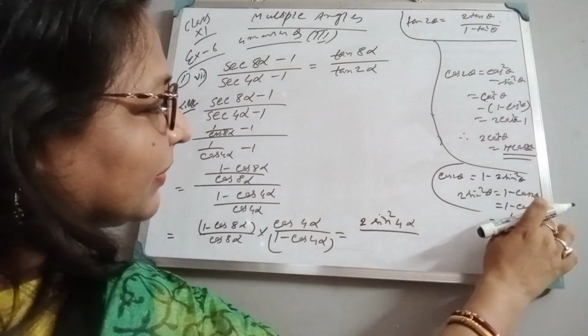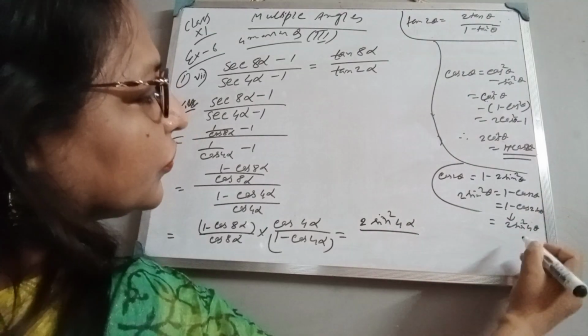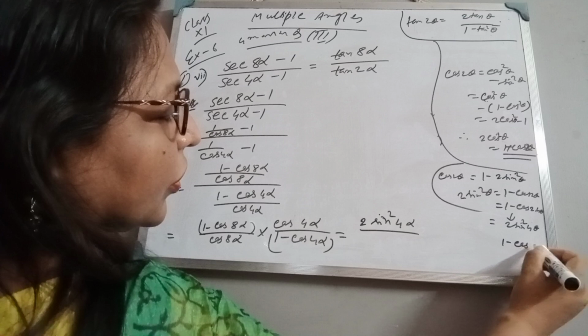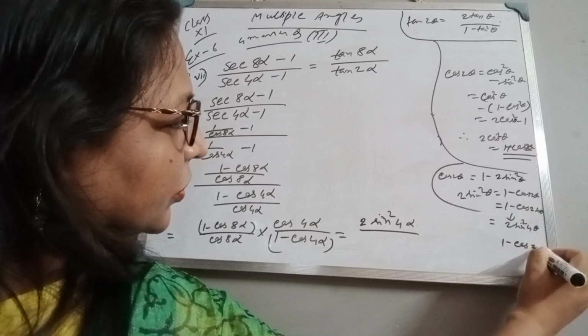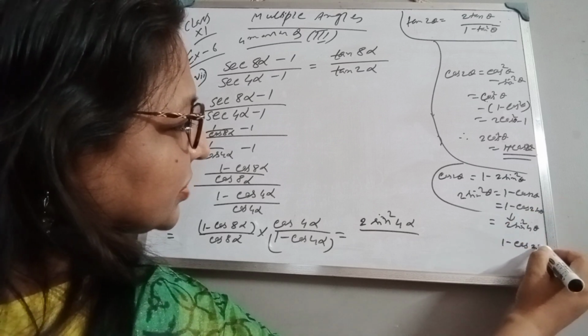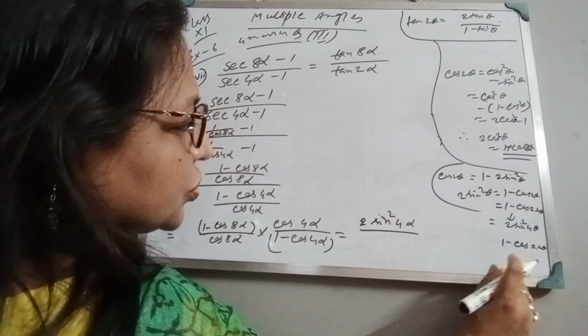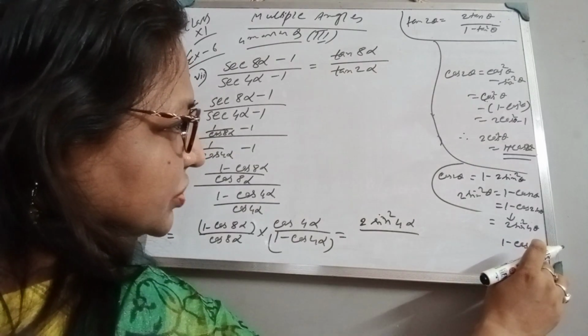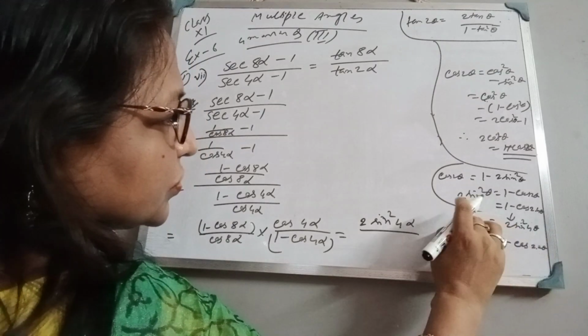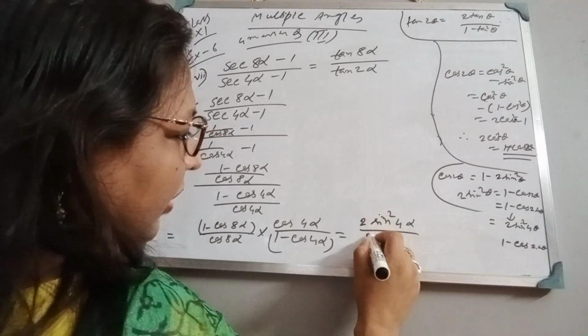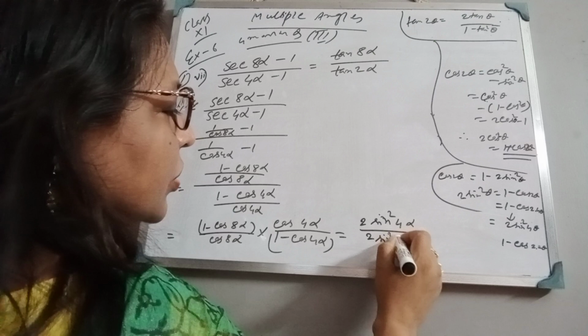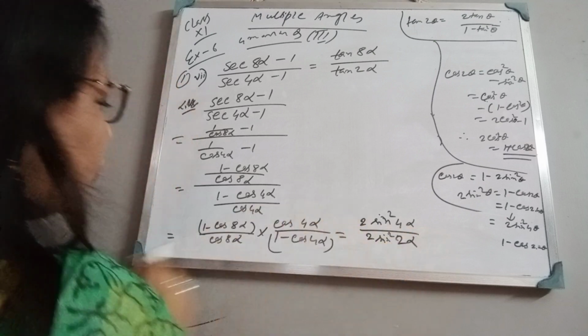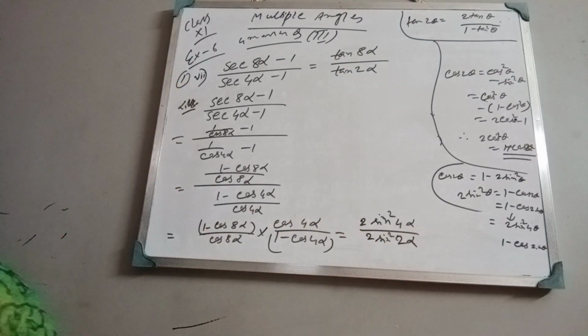If we write here 1 minus cos 4 alpha, 4 theta means 2 into 2 theta, so again it is 1 minus cos 2 theta, so 2 sine square 2 alpha for 1 minus cos 4 alpha.